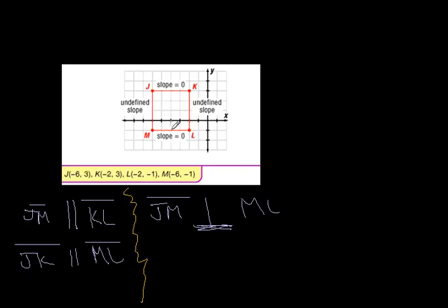That means that ML is actually perpendicular to line LK.